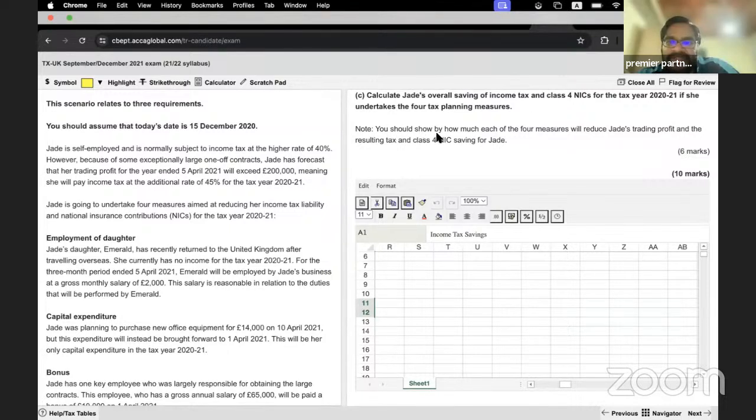Note, you should show by how much each of the 4 measures will reduce Jade's trading profit and the resulting tax and class 4 NIC savings for Jade. Requirement, is it clear?